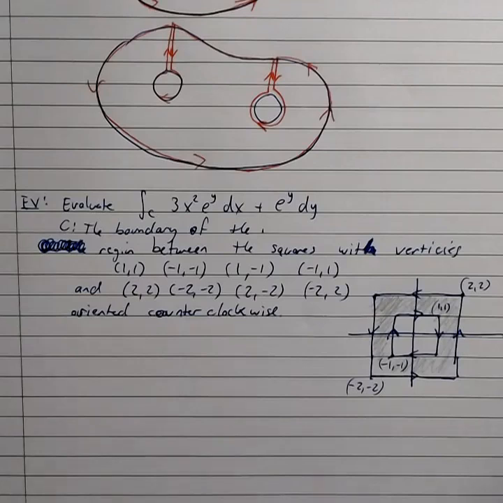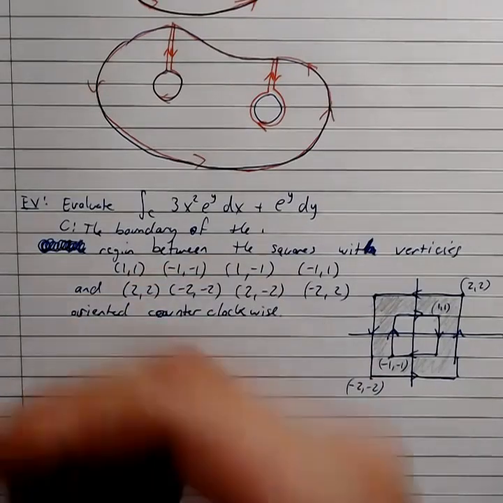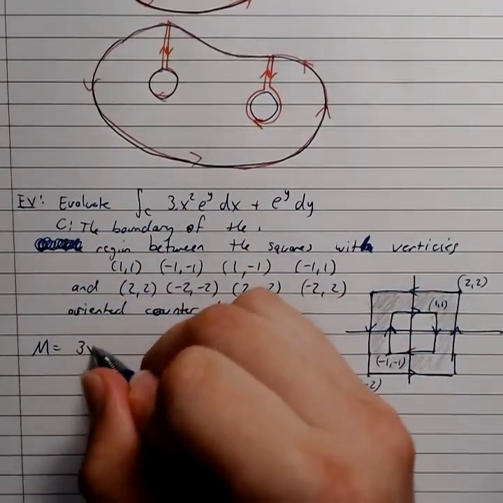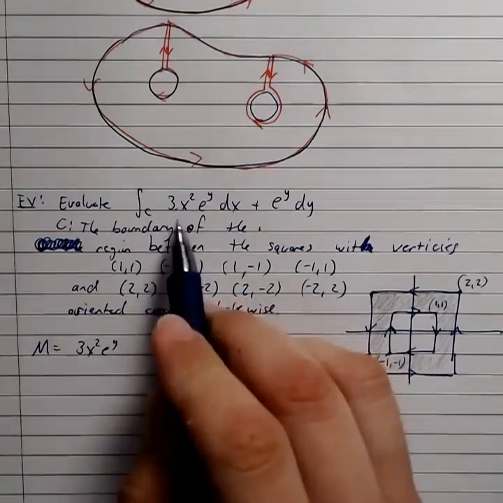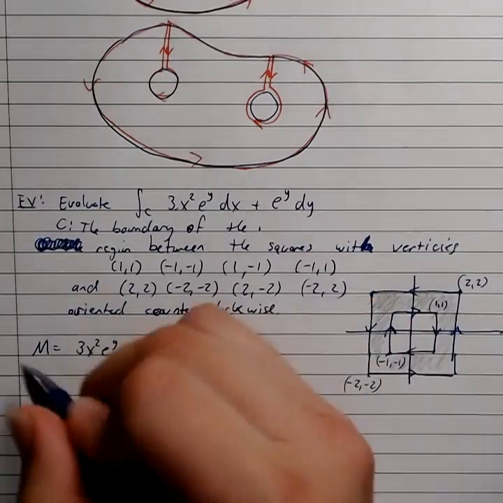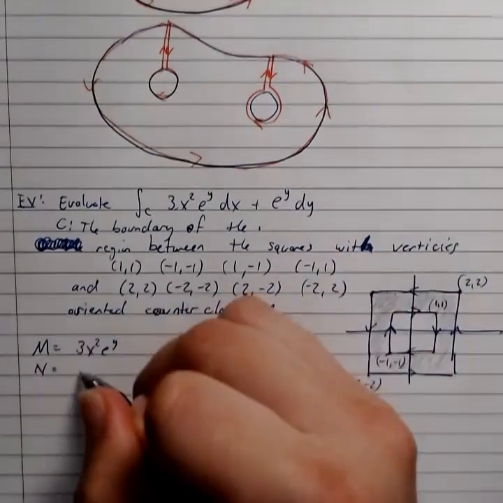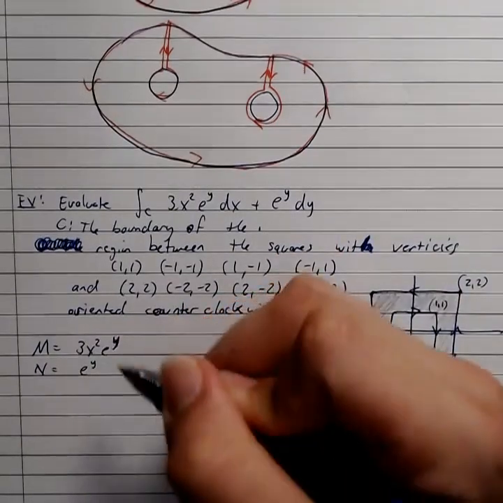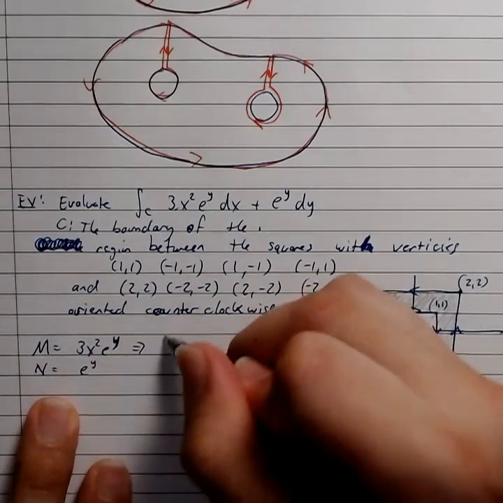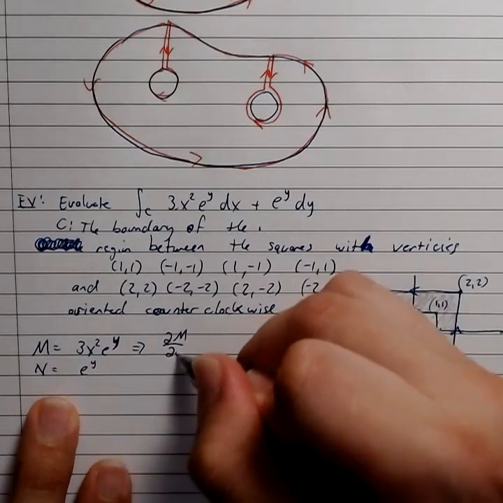All right, so let's take a look here. We know that our M is this expression here, 3x squared e to the y. That's the first component of our vector field. The second component of our vector field, labeled N, is given by e to the y, just like that. And so we can find del M del y.